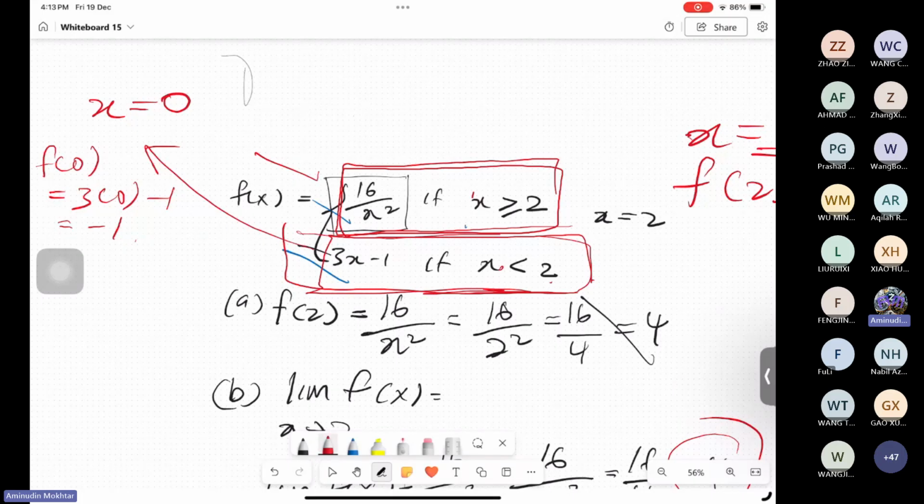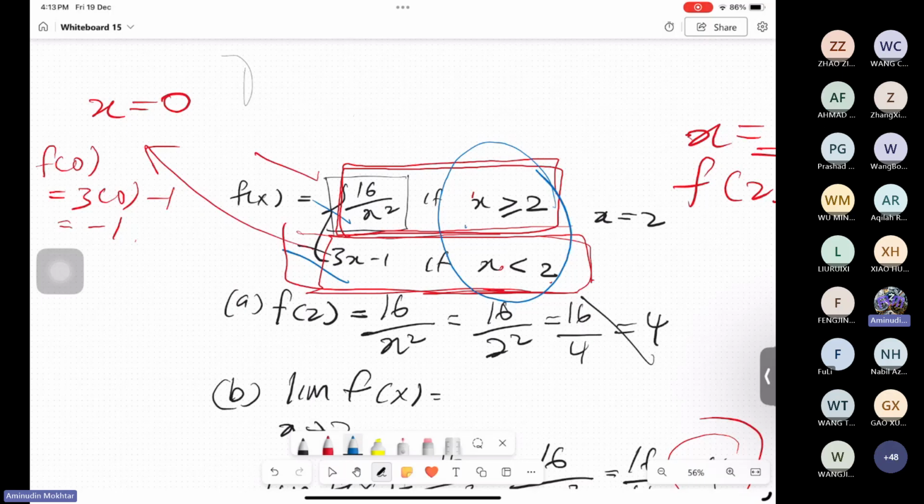In other words, please choose the right part of the equation in order to find whether the function is defined or not. But everything is subject to this condition. First, we need to determine the value of x.